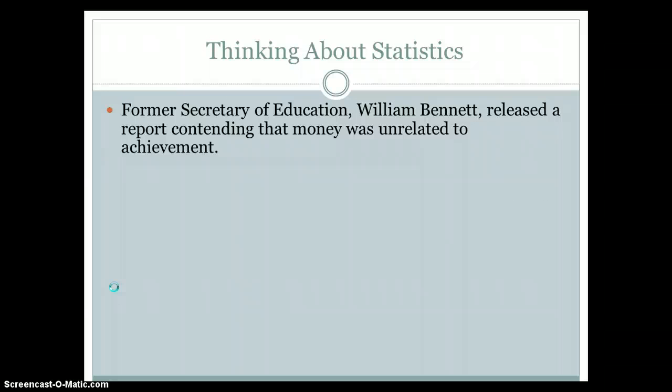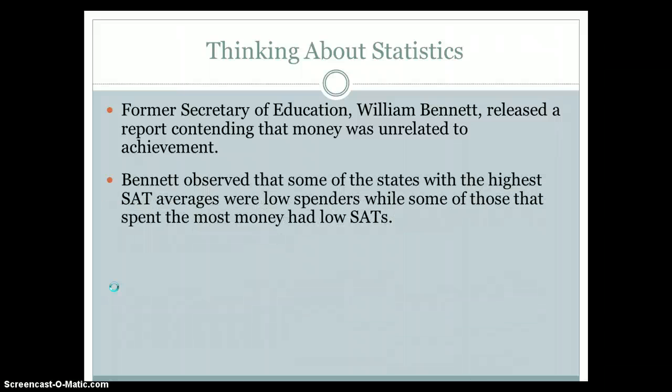So this is an example I used at the beginning of class when we were just thinking about what statistics look like. In the United States, in the 1980s, there was a Secretary of Education named William Bennett. Former U.S. Secretary of Education William Bennett released a report contending that money was unrelated to achievement.